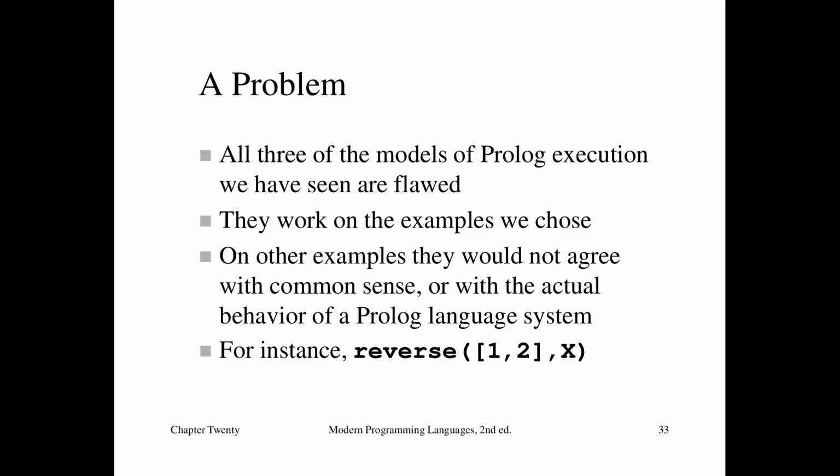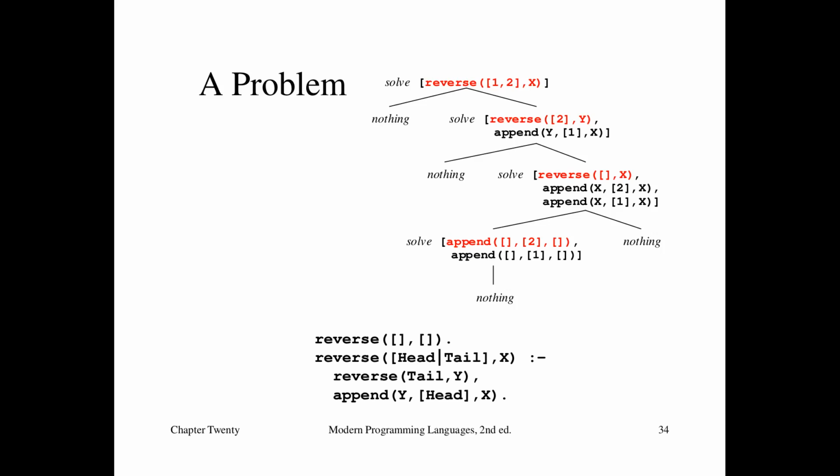And a great instance of this would be the reverse. So we have a small list of 1, 2, and we're trying to reverse that and unify it with X. If we follow the proof tree method, we try to unify reverse 1, 2, X. And what would end up happening is we come all the way down here and we'd end up trying to append an empty list to an empty list, with append empty list 1 empty list.